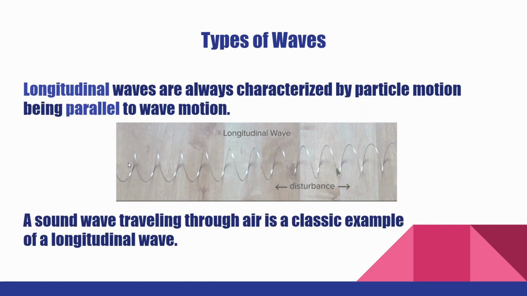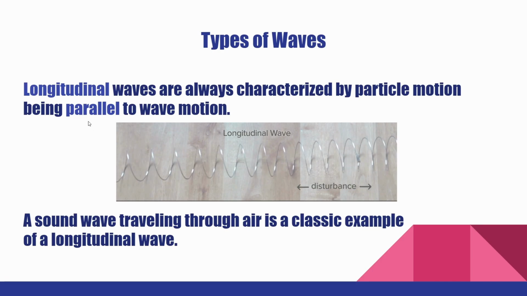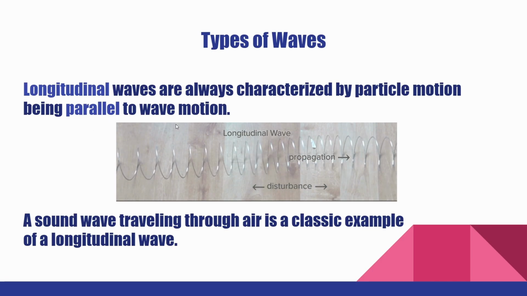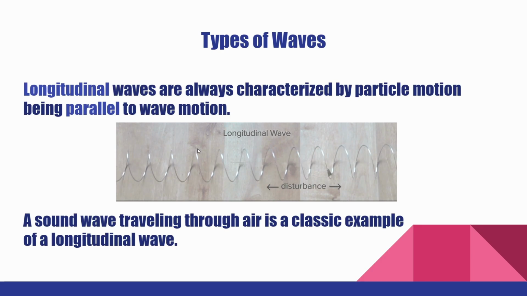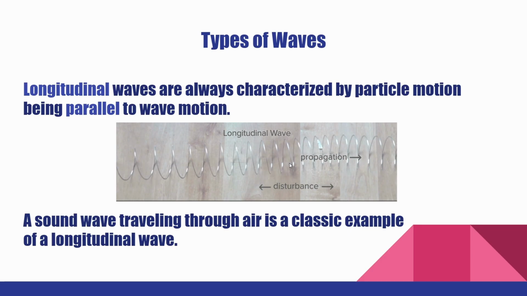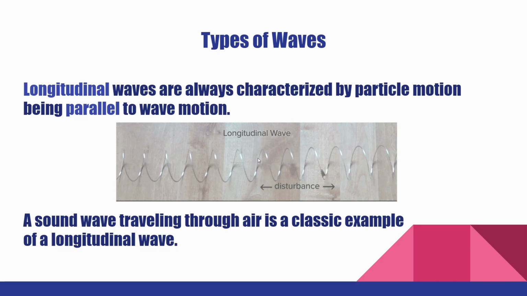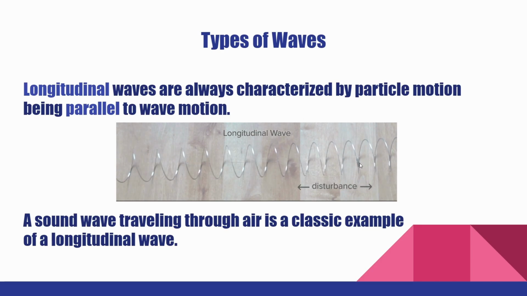All right. The next type is a longitudinal wave. Longitudinal waves are characterized by parallel motion. So if the propagation is moving sideways, the disturbance is also going to be moving sideways. It's represented here with a slinky.